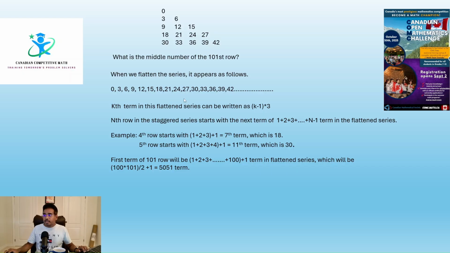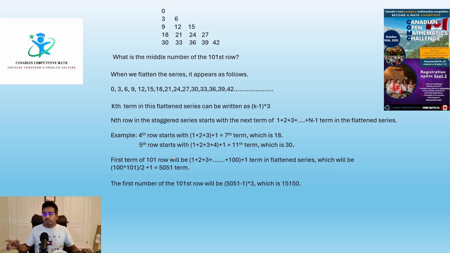We already derived how to find the nth term for this flattened series. So if we follow the same pattern, the first number of the 101st row will be 5051 minus 1 times 3, which is 15,150.